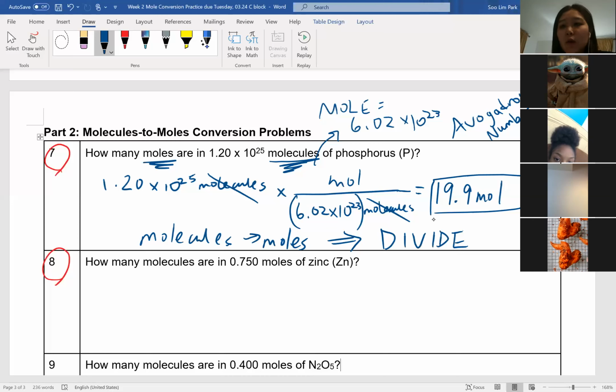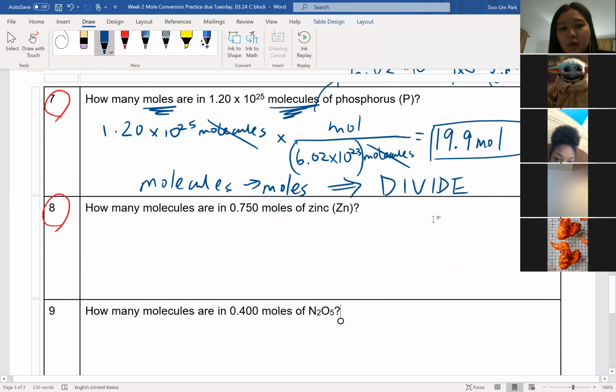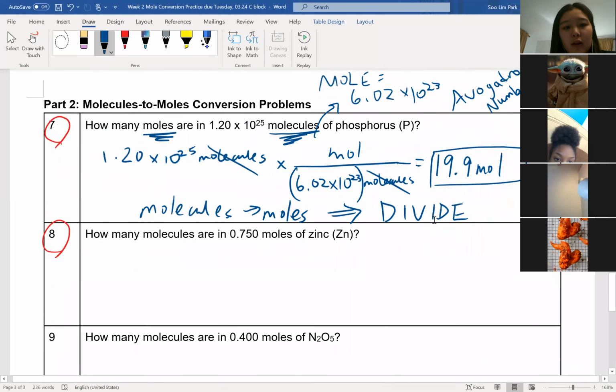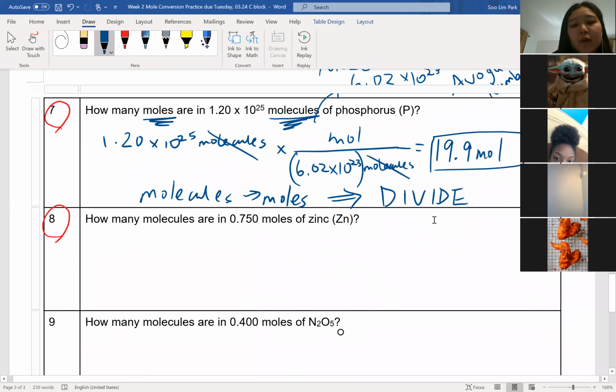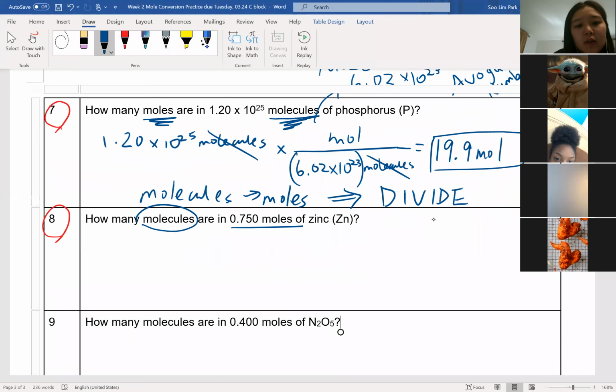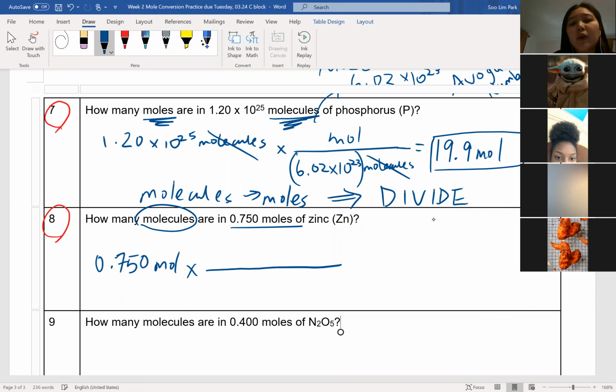All right, so let's do one more. Now, number 8, you're given moles, right? And we want molecules. So we start with moles. 0.75 moles of zinc. And we want molecules. So are we going to divide or multiply? Multiply.